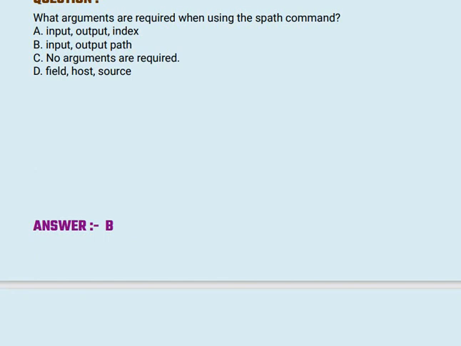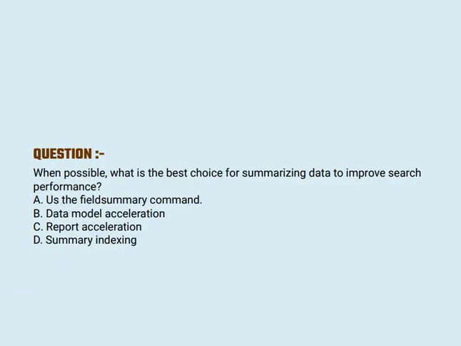Next question is, when possible, what is the best choice for summarizing data to improve search performance? Option A, the fieldsummary command. Option B, data model acceleration.